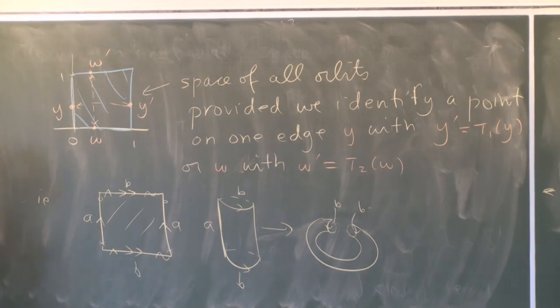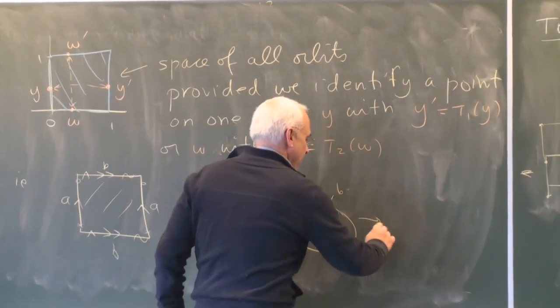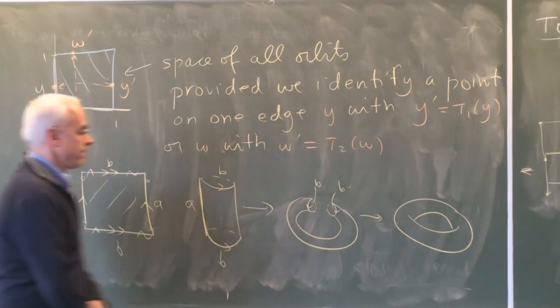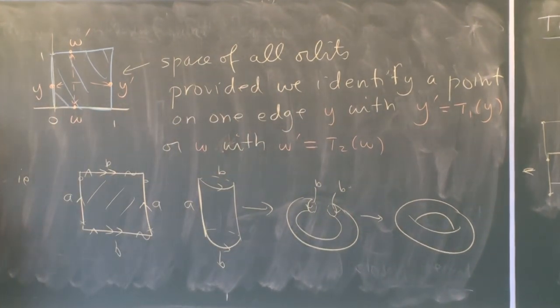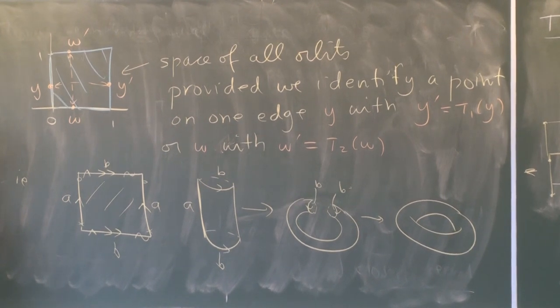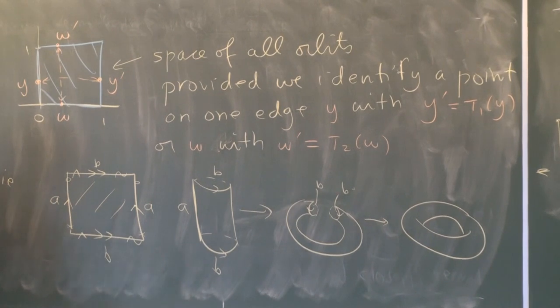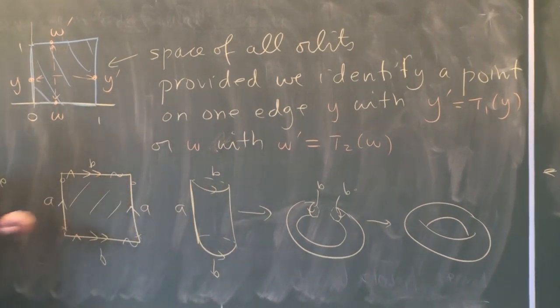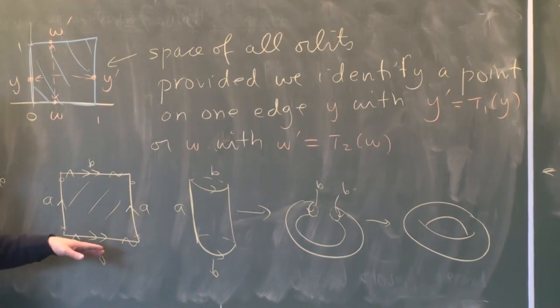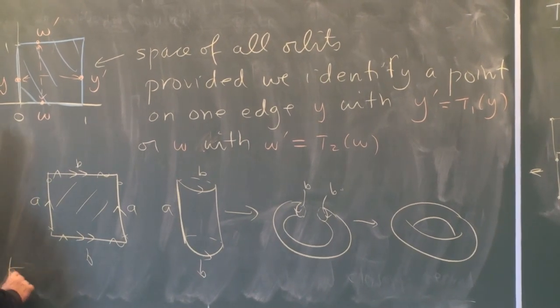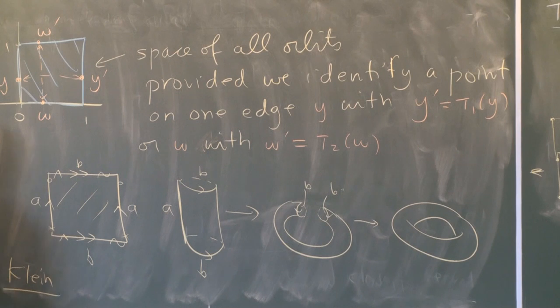And when we do glue them, then we get a torus. So this is a very important way of unraveling the round torus into a square with opposite sides identified in a precise way. An idea that I think probably goes back to Klein.